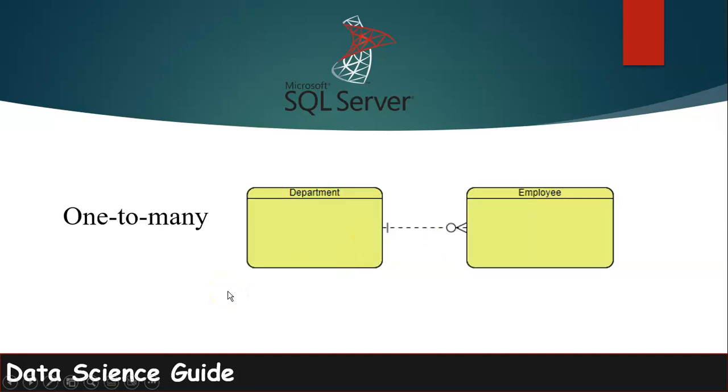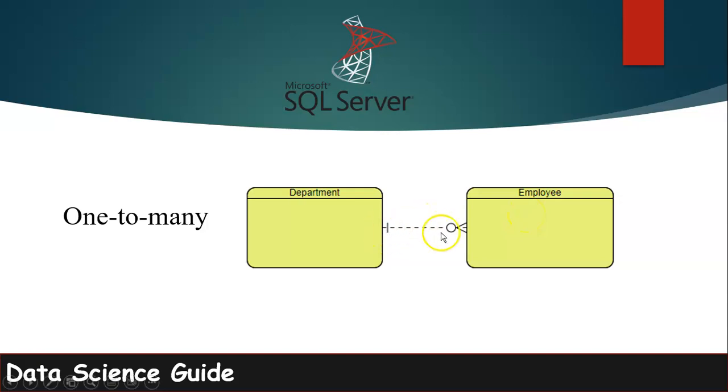The second type of relationship here is one-to-many. And in this example, you can see a department and on the other side an employee entity. One department may have one or many employees working in that department.